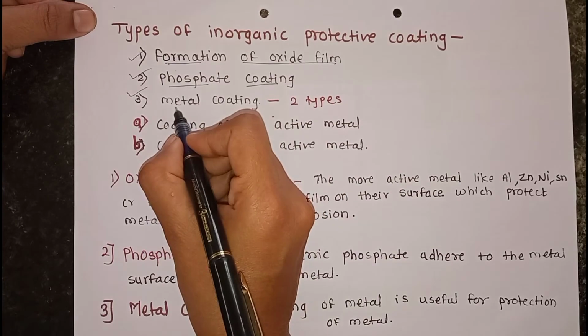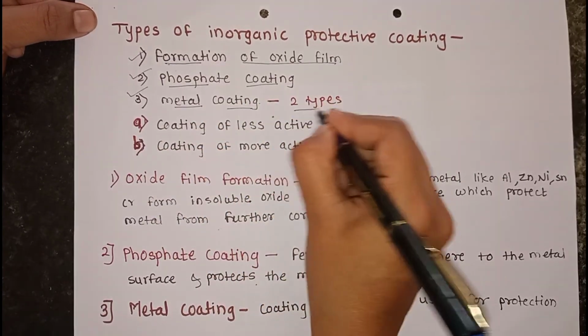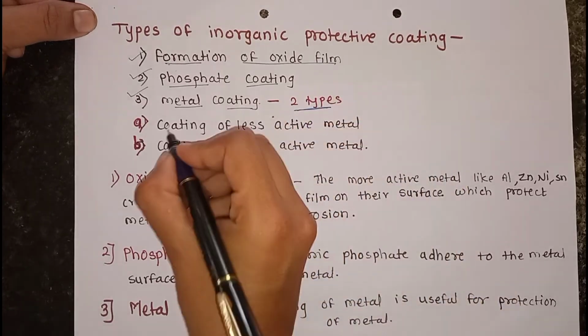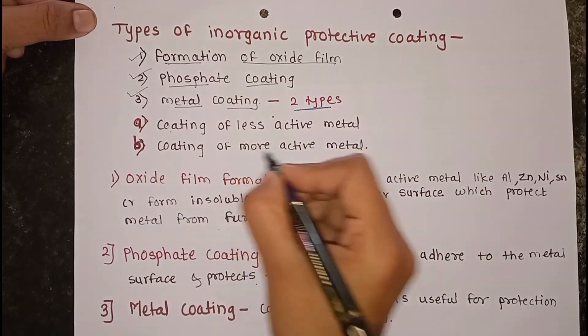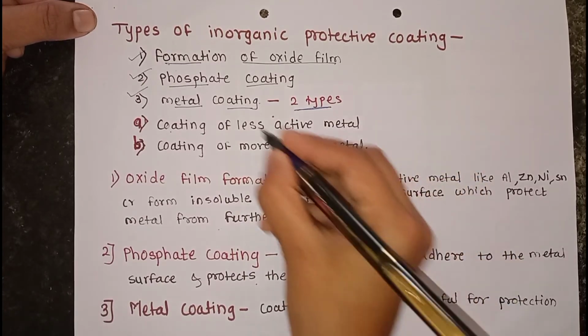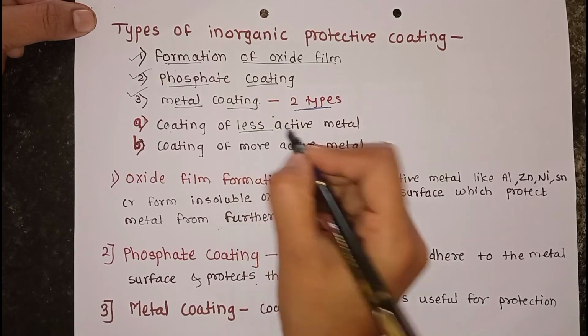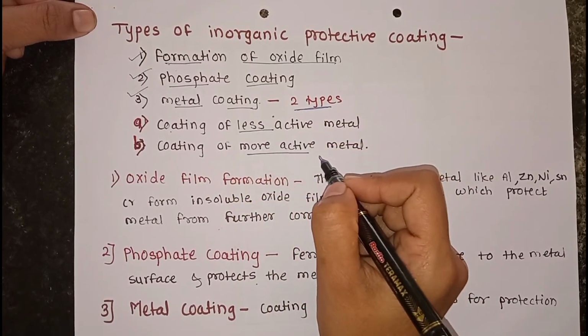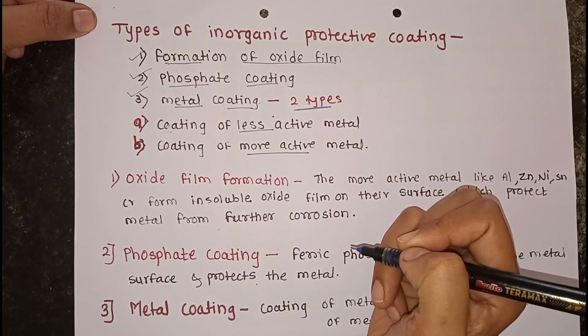The third type is metal coatings, which have two subtypes: coating of less active metal and coating of more active metal. The metal used is either less active or more active, so they are divided into two types.